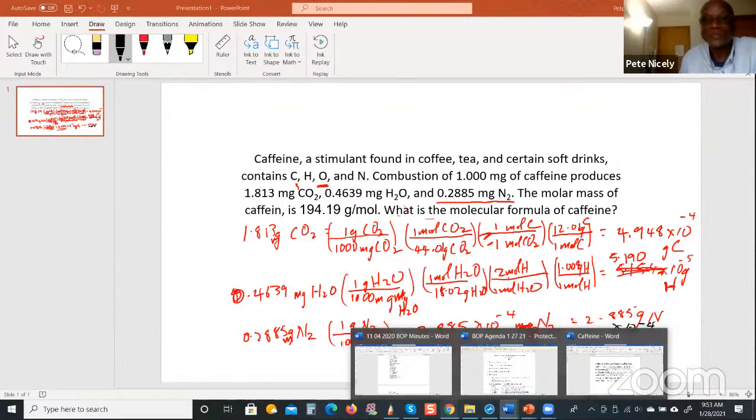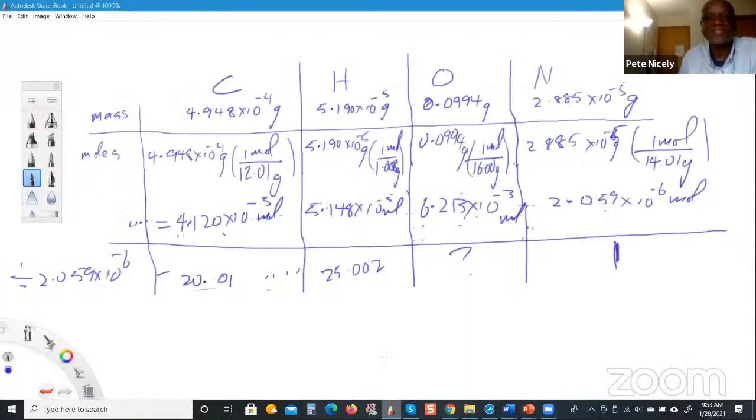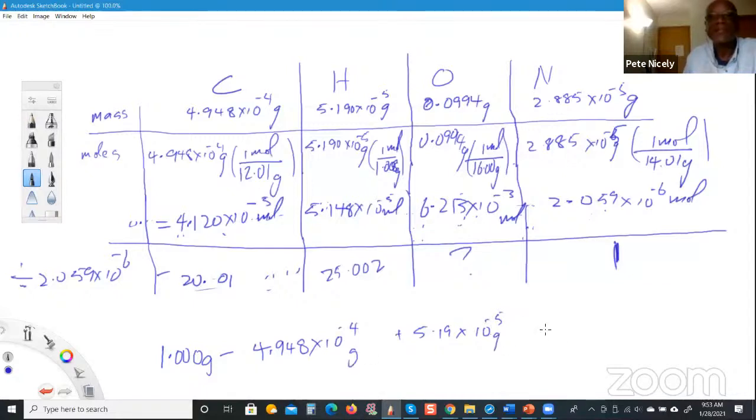Let me go back to here and see if I can solve that problem down here. So what I should have done is 1.000 grams minus 4.948 times 10 to the minus 4 plus 5.19 times 10 to the minus 5, and these are all grams, plus 2.885 times 10 to the minus 5.